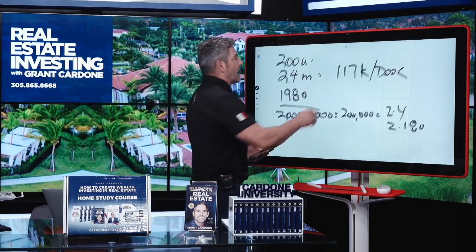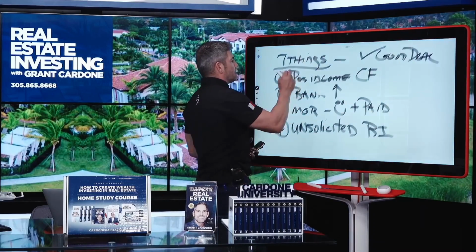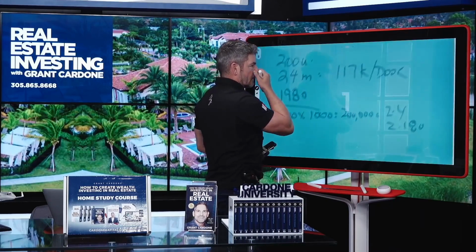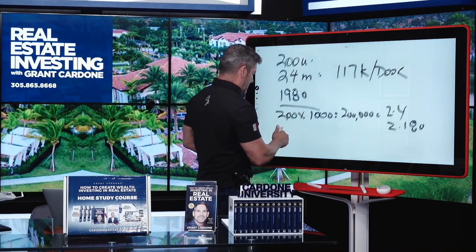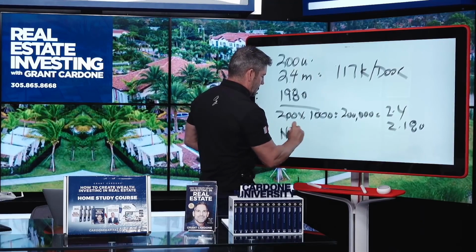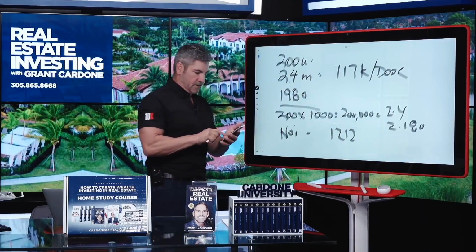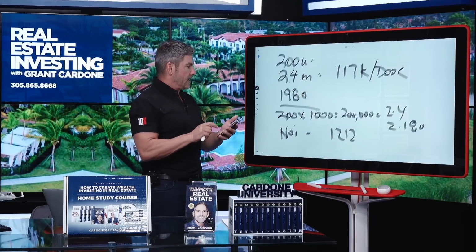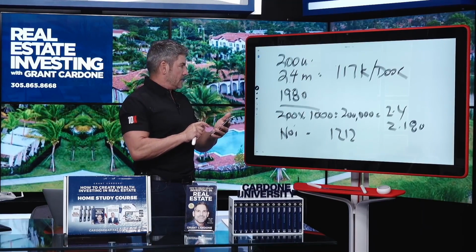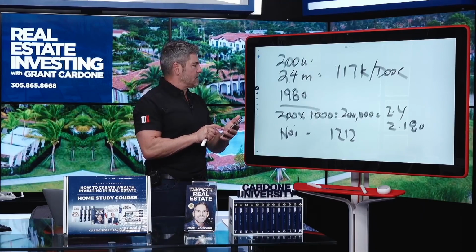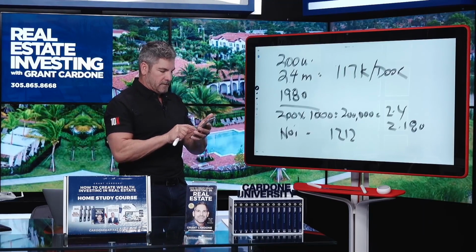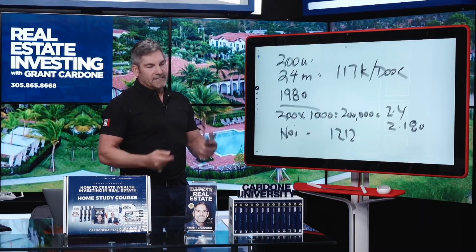Okay? So the NOI, what did they tell you the NOI was on the deal? The NOI was $1,212,700. $1,212,000, okay? 1,212,000 divided by how much is it? 24 million? Yes. Yeah, it's a 5 cap, dude.